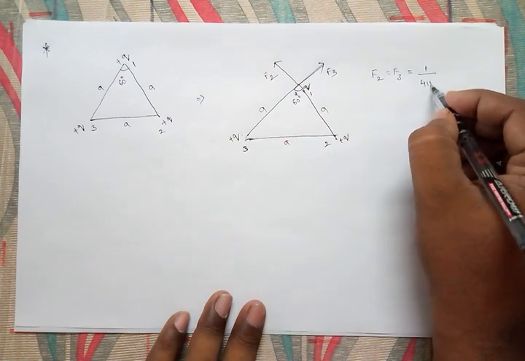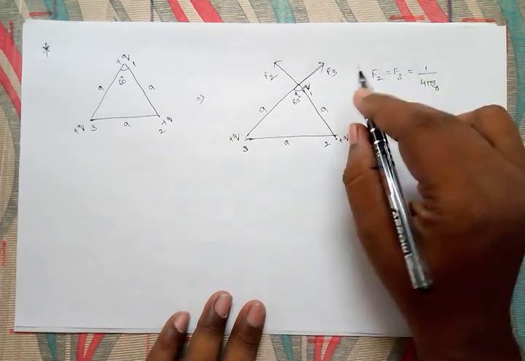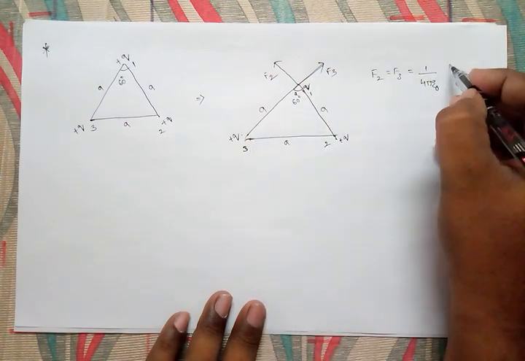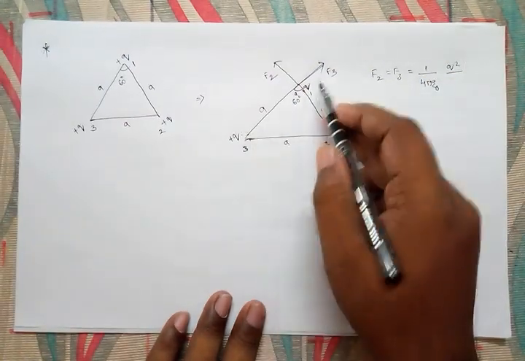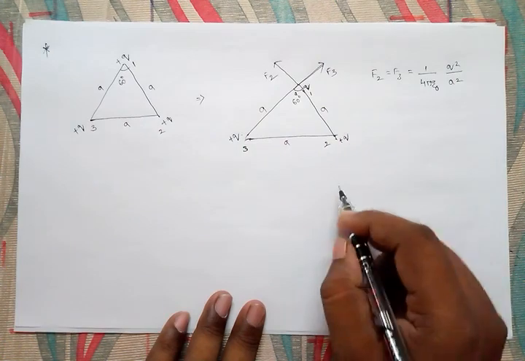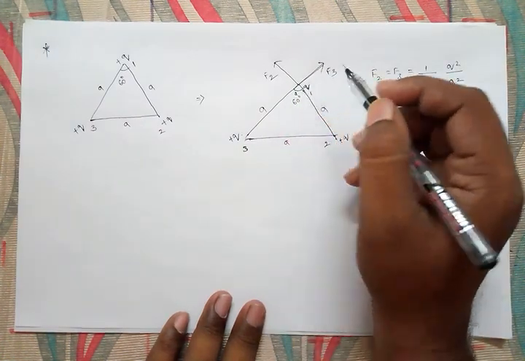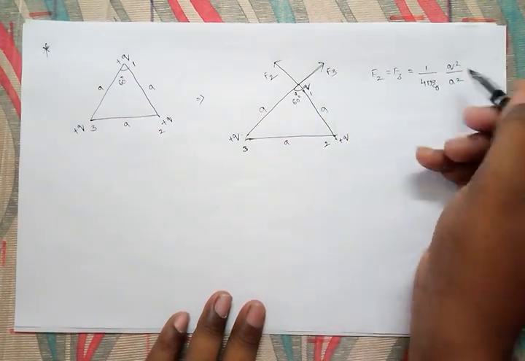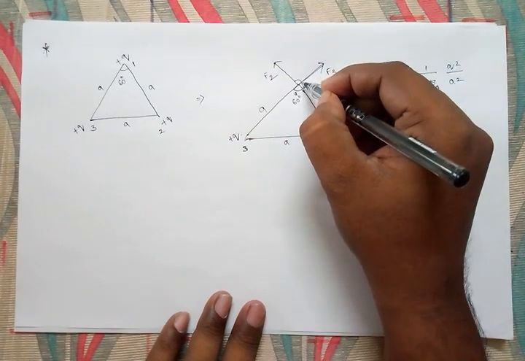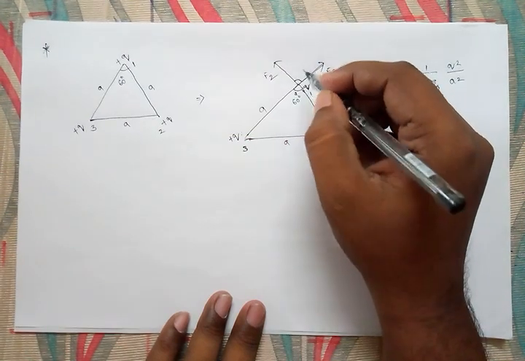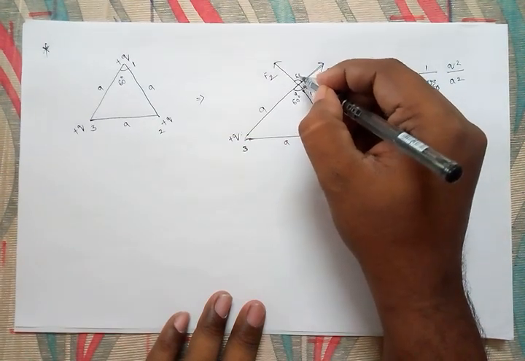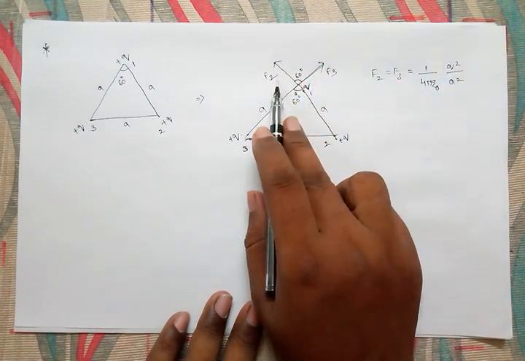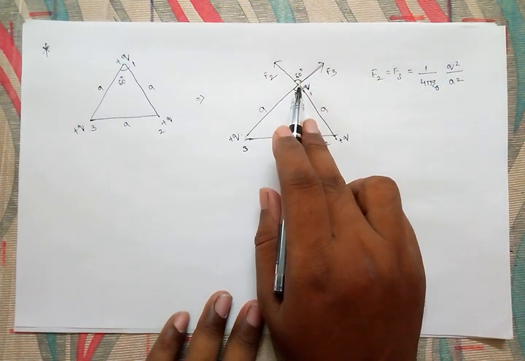Located in vacuum, it is 1 upon 4 pi epsilon naught into q square by a square. So these two forces are the same in magnitude, and the angle between them is 60 degrees, as these are alternate angles.